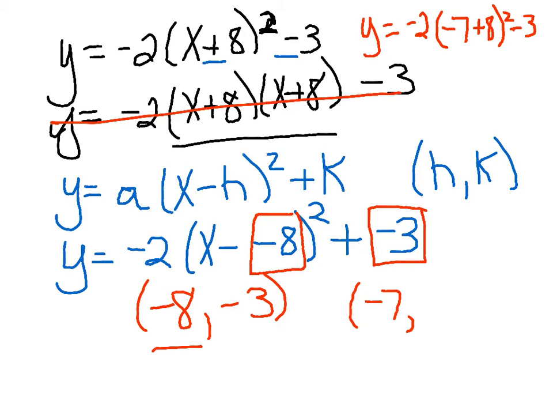What's -7 plus 8? The +1. What's 1 squared? It's 1. 1 times -2 is -2. -2 minus 3 is -5. So I would have one point here, and then I would have a mirror image point.